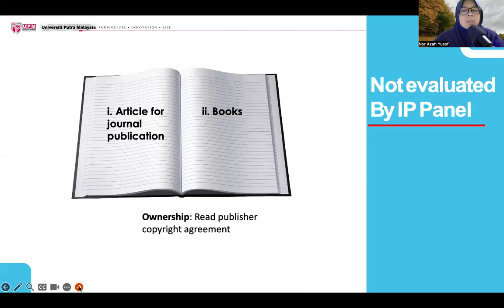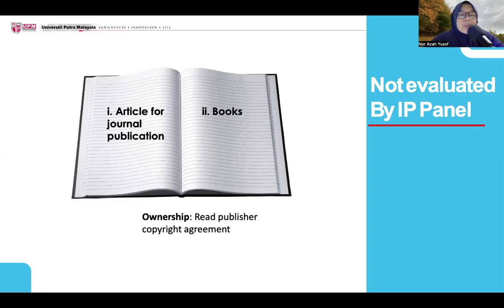It is important for you to know about publication, because in future you will be publishing. The ownership of your publication belongs to the publisher, because whenever you agree to publish and send your manuscript to the publisher, you have to acknowledge the copyright transfer.